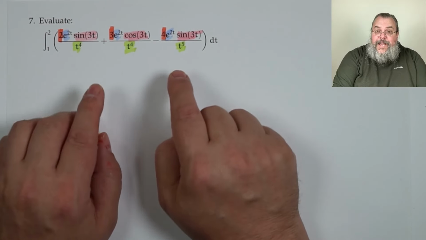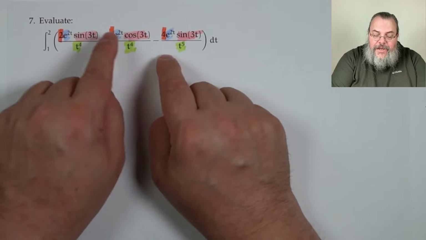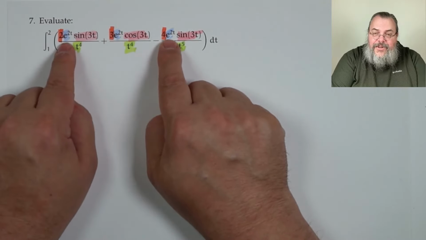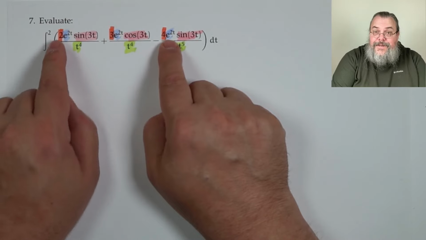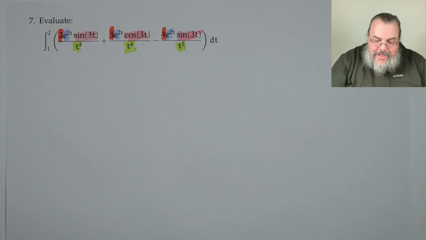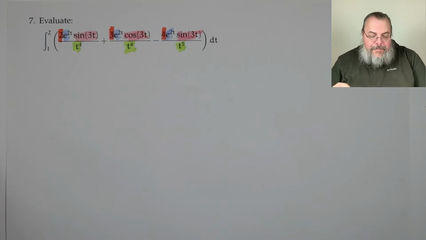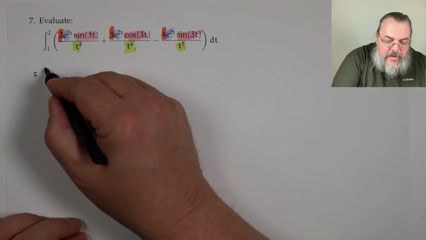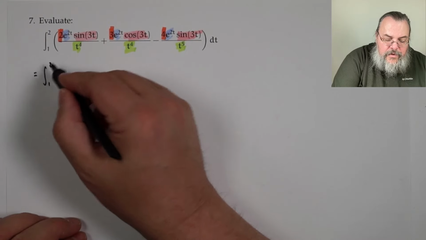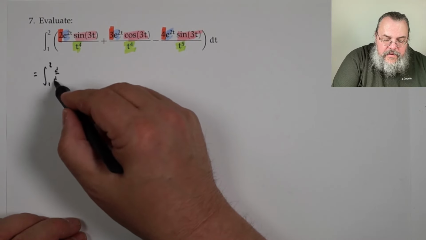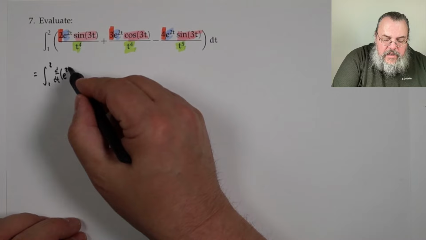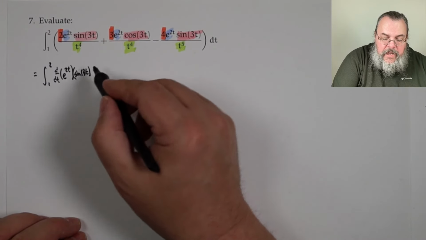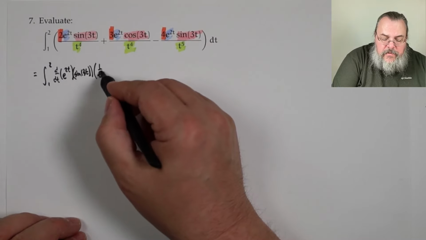And you're like, whoa, wait a second. Does that also work with e to the 2t? Well, you have an e to the 2t, e to the 2t. What's the derivative of e to the 2t? It's e to the 2t times 2. So what's happened here is that you could write this in the following way. This is the integral 1 to 2. It's the derivative of e to the 2t times sine of 3t times 1 over t to the fourth.